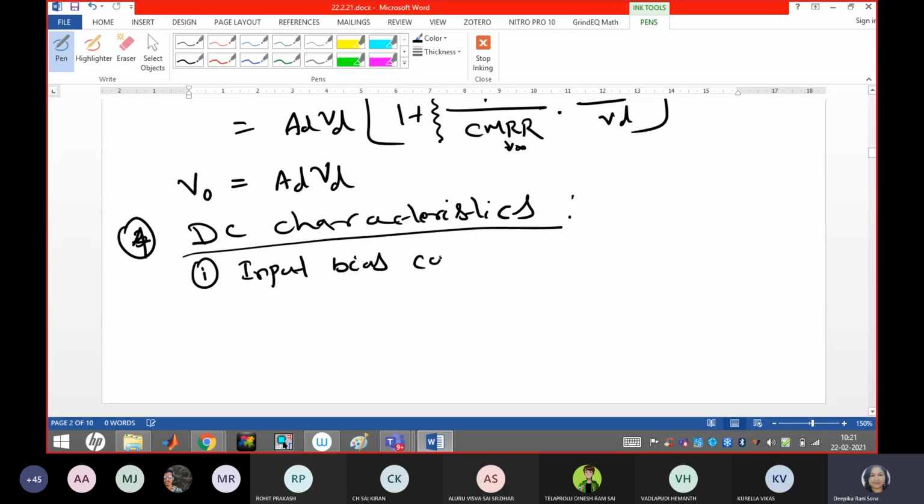Input bias current. Second one, input offset current. Third one, input offset voltage.